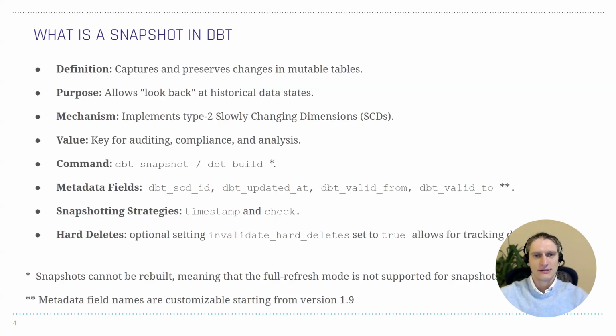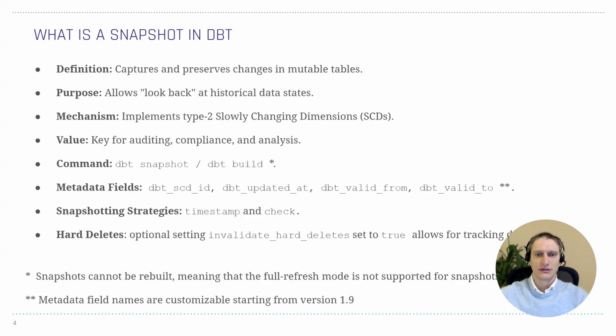Snapshots allow analysts to look back and see what a row looked like at previous points in time. This is particularly valuable when working with mutable tables, which often serve as source tables in DBT, where data points like customer attributes might be updated frequently, and we need to analyze or report on historical states.